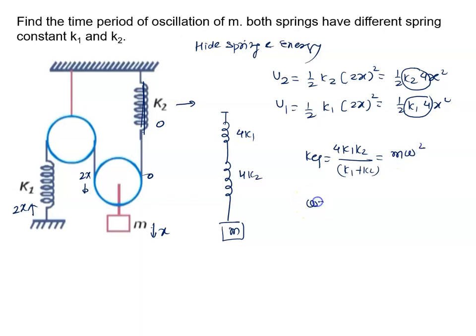So omega we easily calculate: it is given by root of 4 k1 k2 upon k1 plus k2 over m. So the time period of oscillation is given by 2 pi root m (k1 plus k2) upon 4 k1 k2.